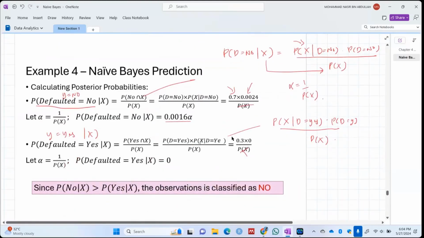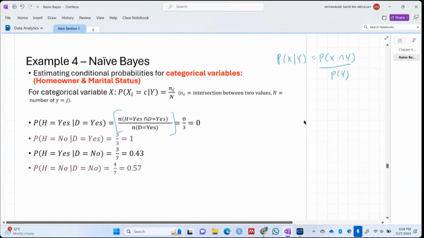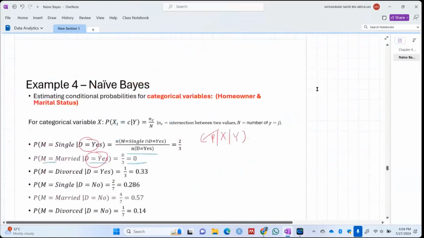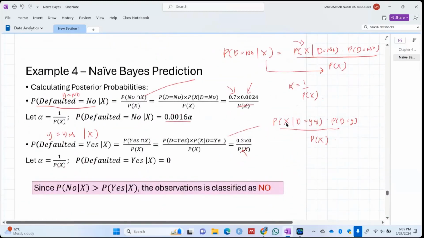We input it into the formula. The probability of D equal to no we take from the previous calculation: the probability of no is 0.7 and the probability of yes is 0.3. We include these into the formula, then we get the value.